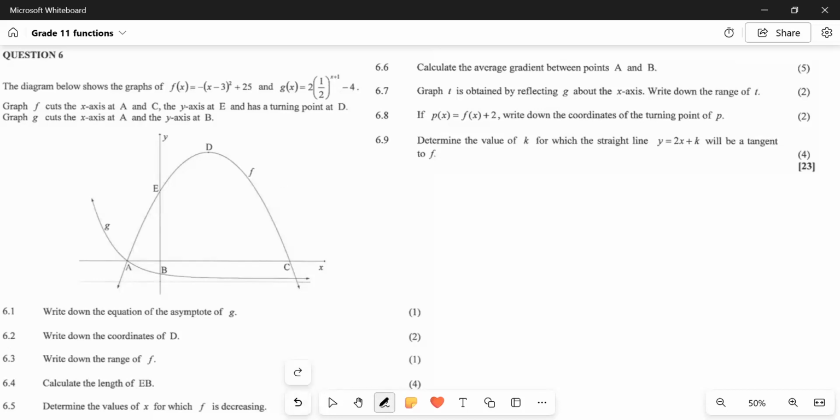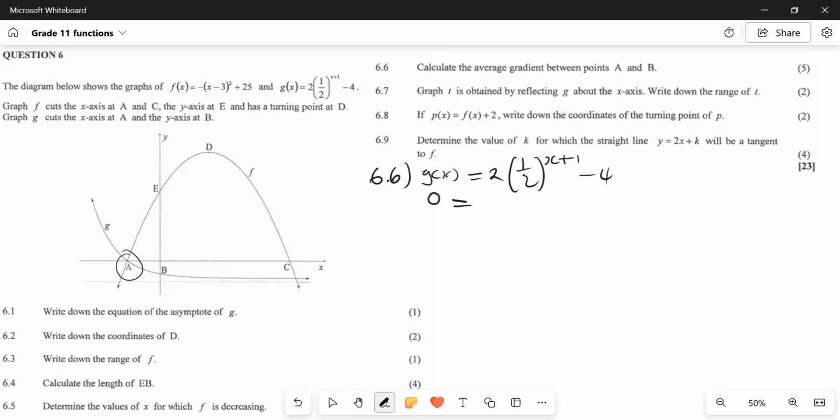So I choose to use g. Let me just use g. So your g of x is equals to 2, 1 over 2, x plus 1, minus 4. And then since this is an x-intercept, which means we let y equals to 0.